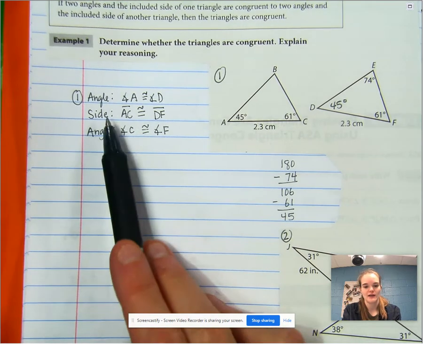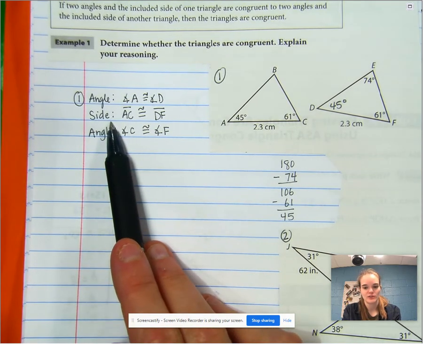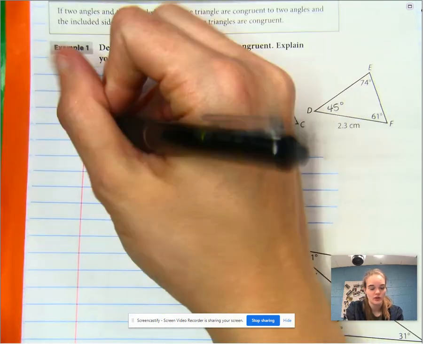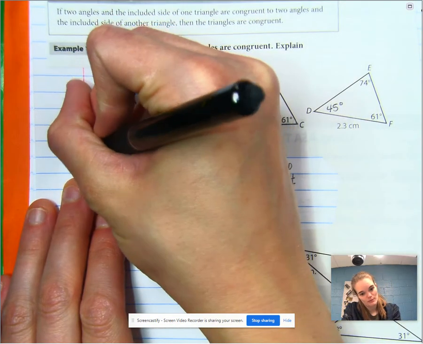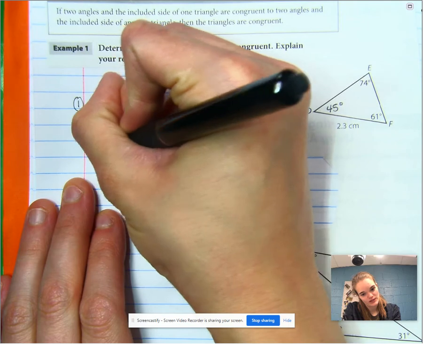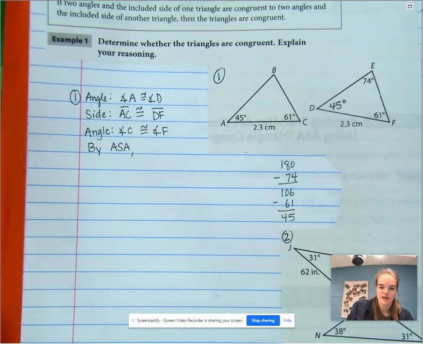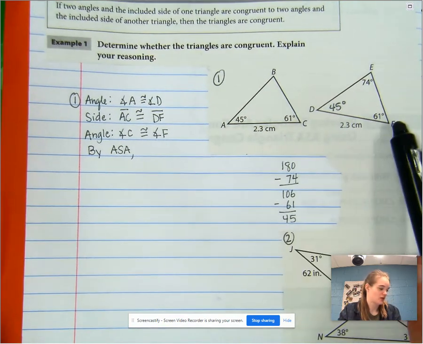All right, so I have an angle, I have a side, which is in between these two angles, and I have another angle. This, therefore, is congruent, and I've got to be careful with how I name the triangles. So, by the angle-side-angle congruence theorem, I know that this triangle is congruent to this triangle.